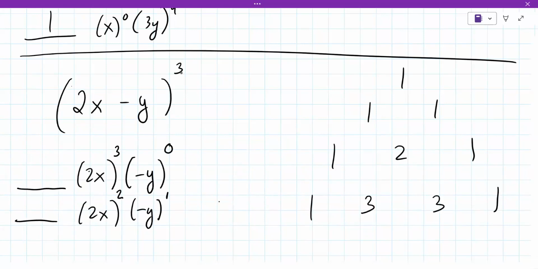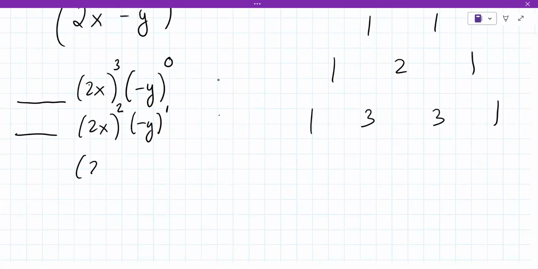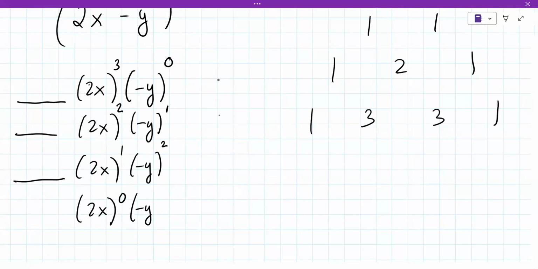And then the next one here is 2x to what power? 1. All right, and minus y to the power of, what would that be? 2. Okay. And then 2x to the power of 0, minus y to the power of what goes above the minus y?